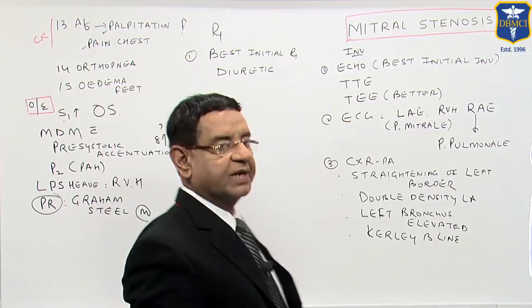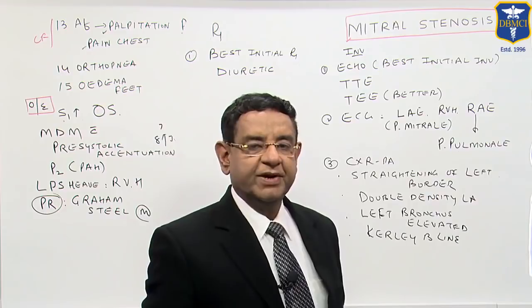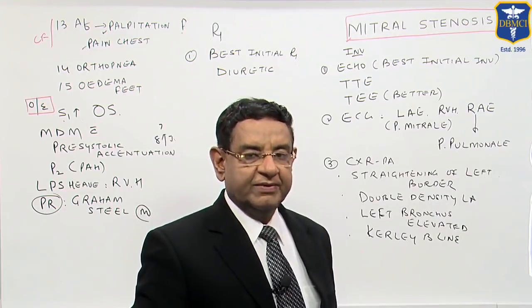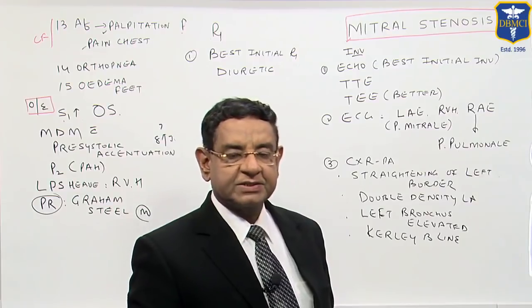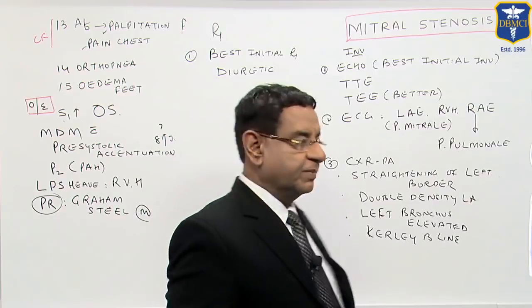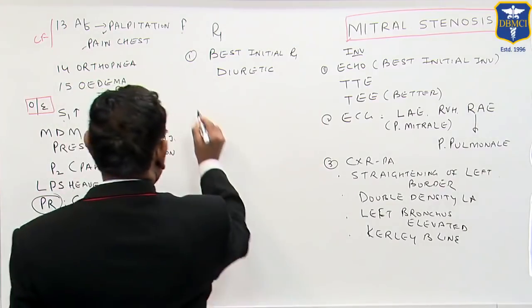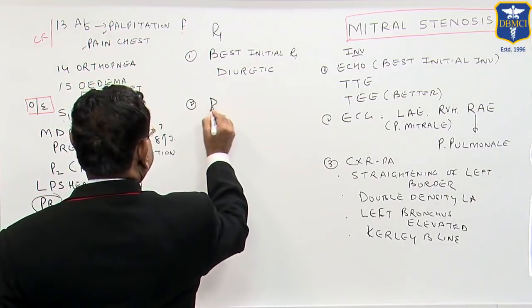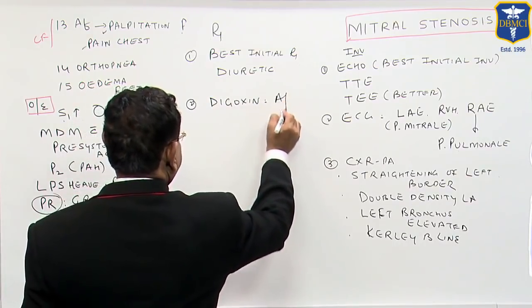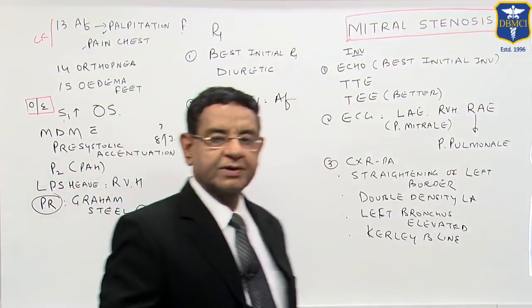We can give a drug like furosemide. They will reduce the intravascular volume, and thereby they will decongest the lungs, and the patient will have immediate symptomatic improvement. We can use digoxin if the patient develops atrial fibrillation.